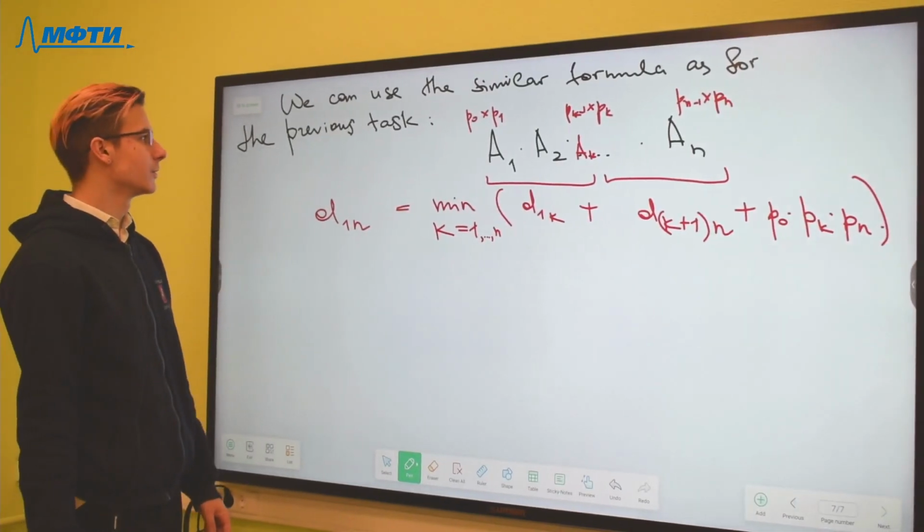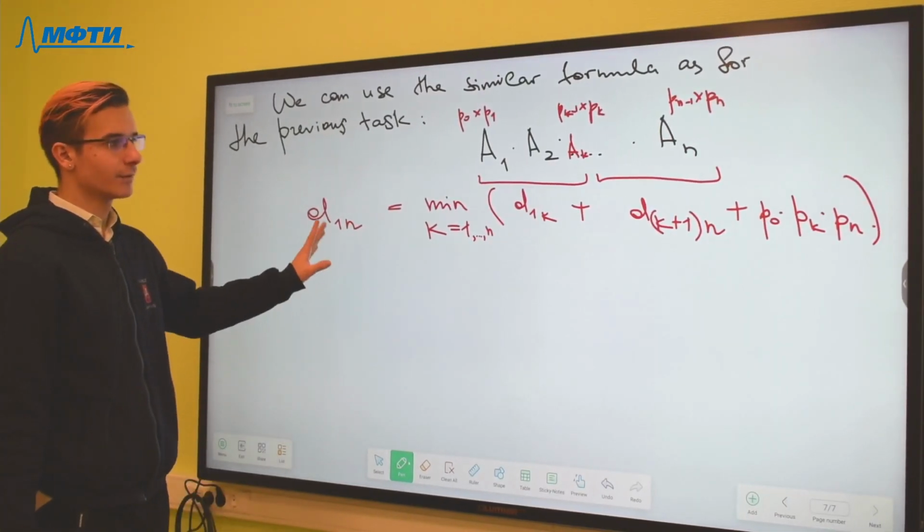So do you need to compute it for one example?